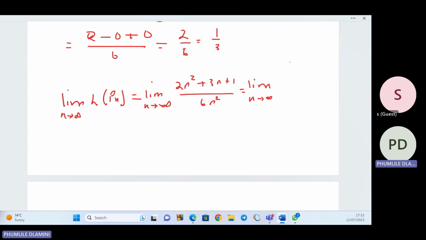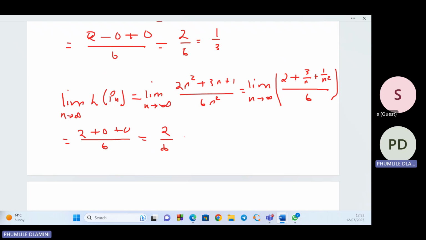When you divide by n squared, we will have (2 plus 3 over n plus 1 over n squared) over 6. So now the final answer is going to be (2 plus 0 plus 0) over 6, which is equal to 2 over 6, which is the same as 1 over 3.